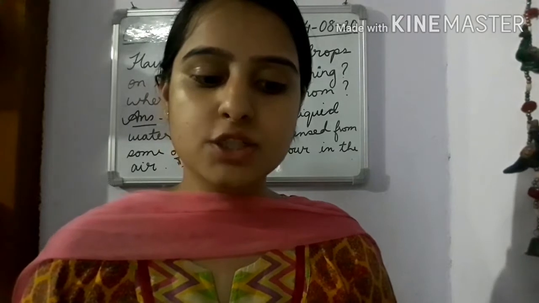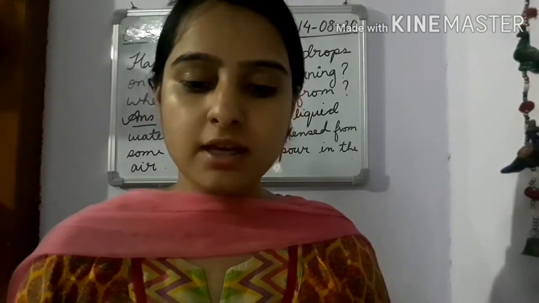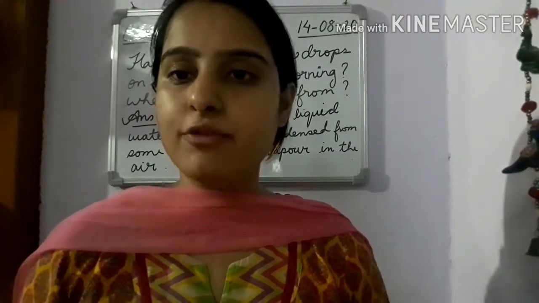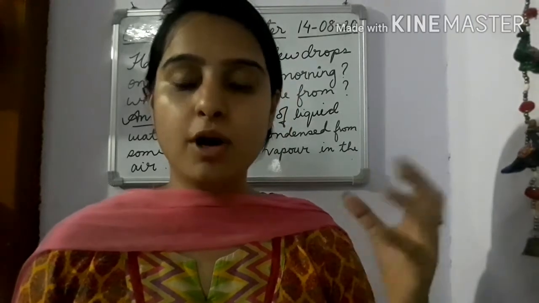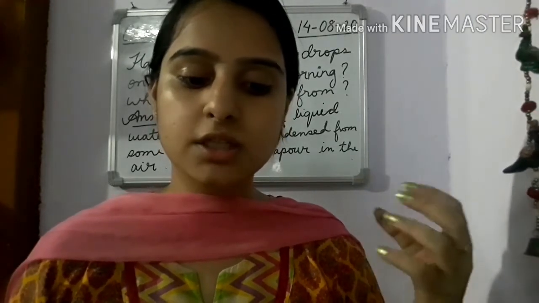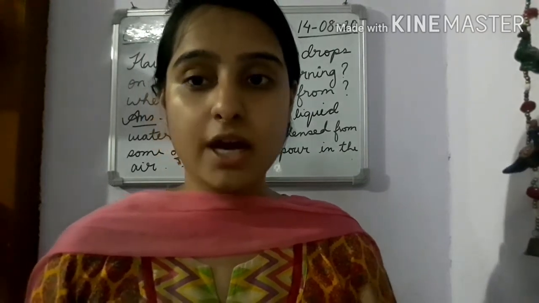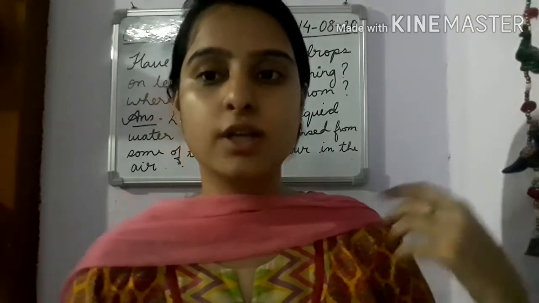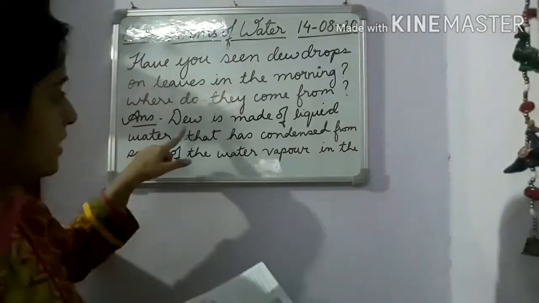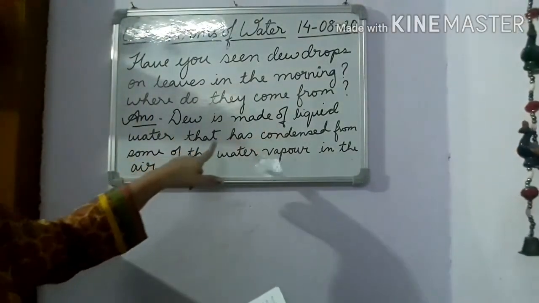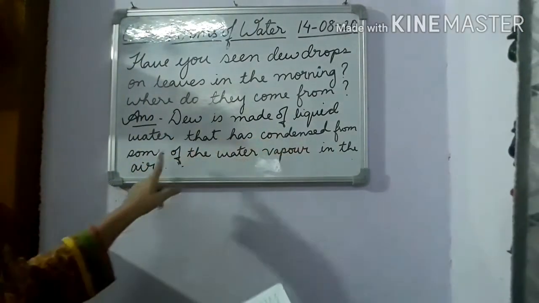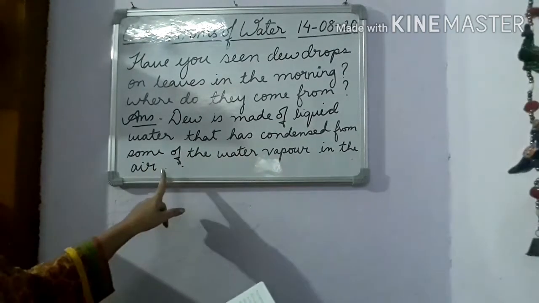So children, what is written here? Have you seen dew drops on leaves in the morning? Where do they come from? Have you ever thought over it? So let's see the answer, children. Dew is made of liquid water that has condensed from some of the water vapor in the air.